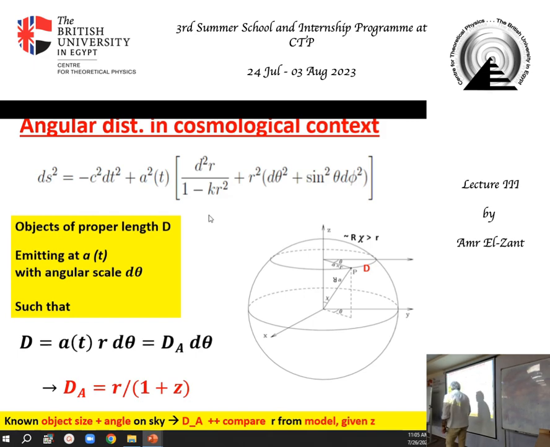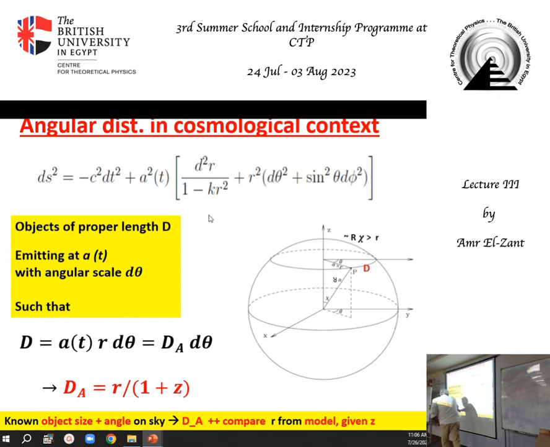Okay, so the definition becomes d_A: the arc length here, the radius of the arc length, the r going into the theta here. Okay. So r d theta is our measurement. It becomes that, and there is the redshift. So you have 1 over 1 plus z, or a.